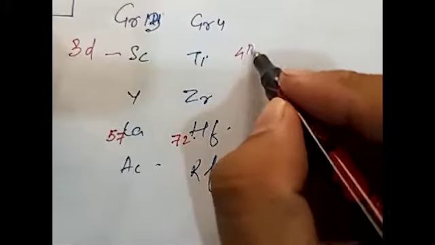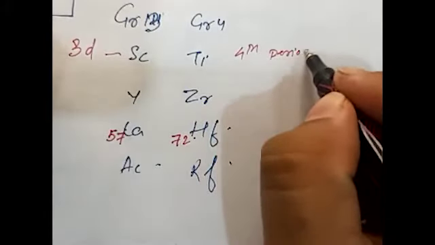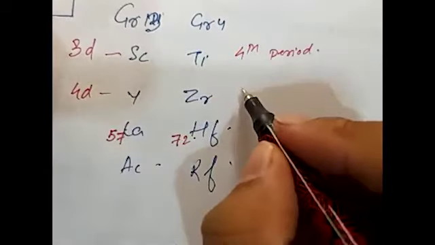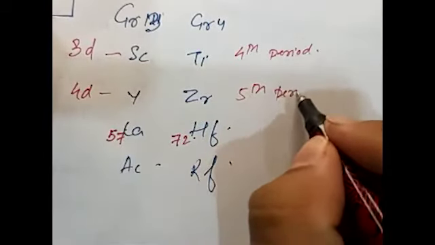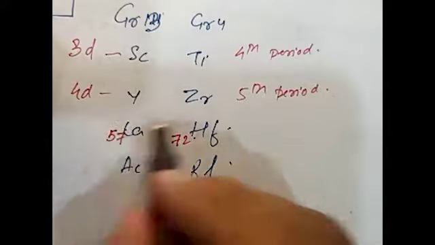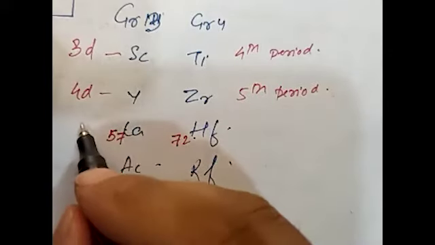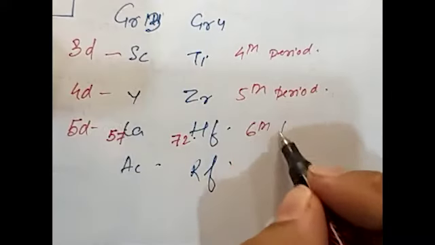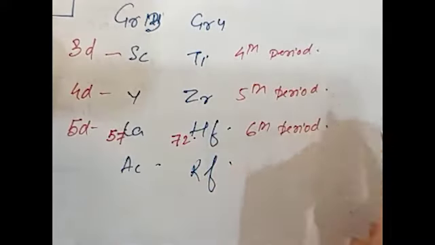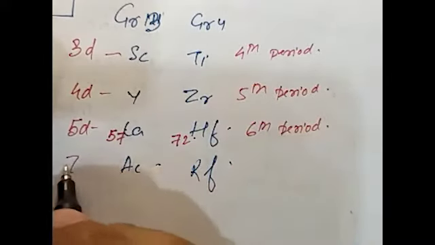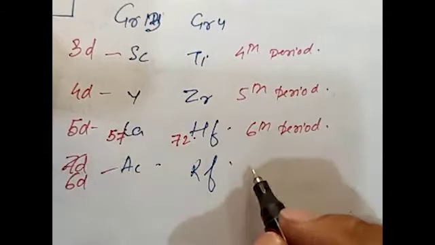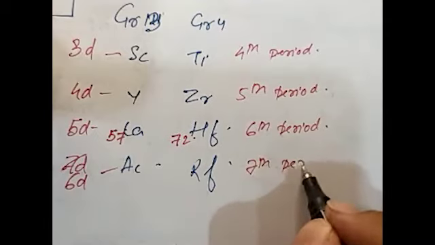It is the 4D series, which will be the fifth period. It will be the 5D series, which will be the 6th period. Oh sorry, the 6D series, which will be the 7th period.